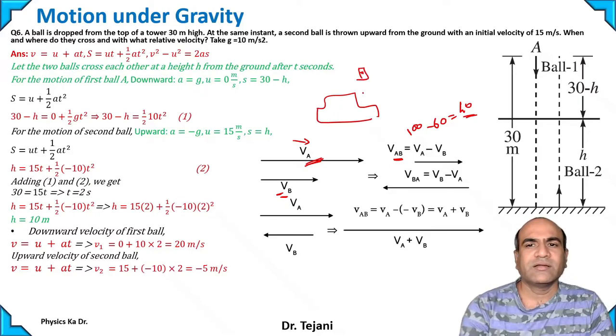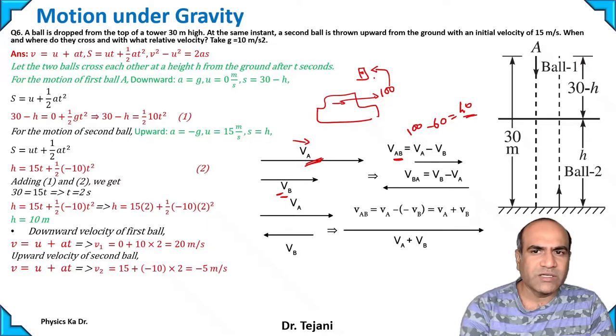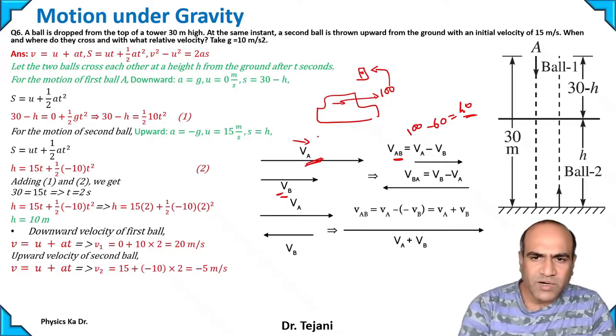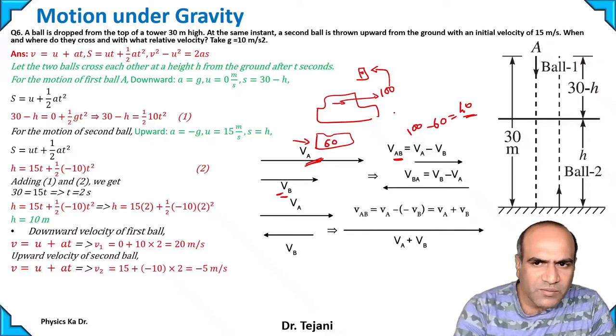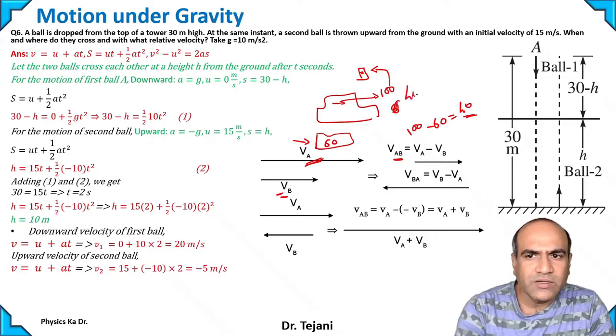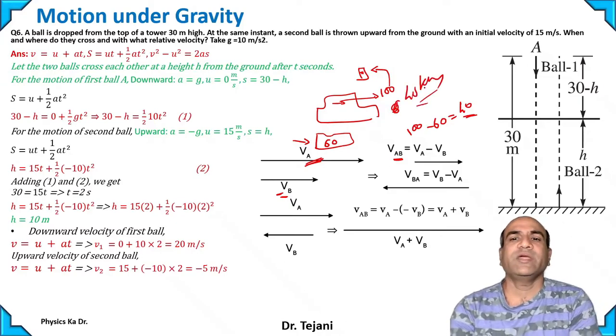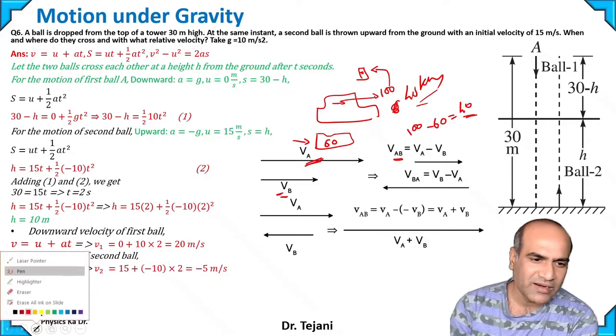Suppose your car is at 100, you will observe a relative velocity of 100 with this person. But if another car is driving at 60 kilometer per hour, we will observe only 40 kilometer per hour speed, and that is the relative velocity.